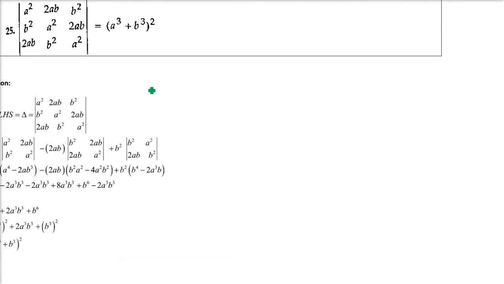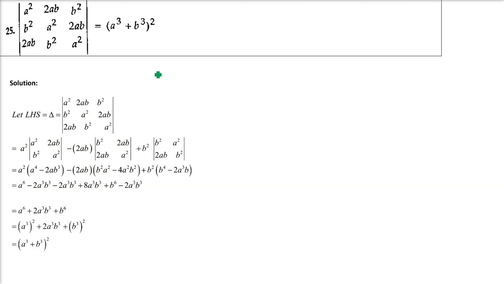Next one is, so you try with certain properties. If you're not able to get a concrete result, the best way is just to open it up, because when you open it up, it's going to give you the answer. So I'm opening it using the first row, A square. So you get A square, 2AB, B square, A square here.